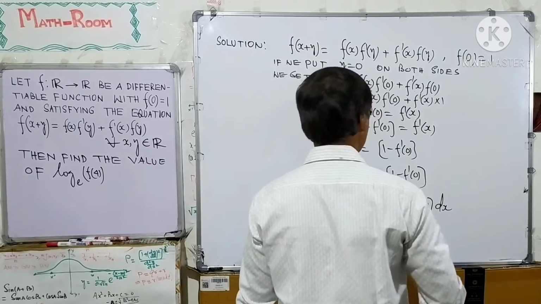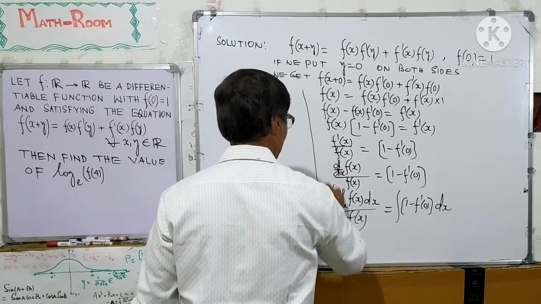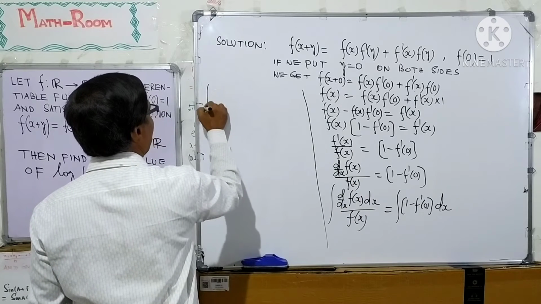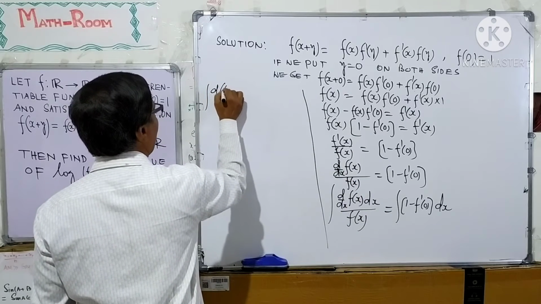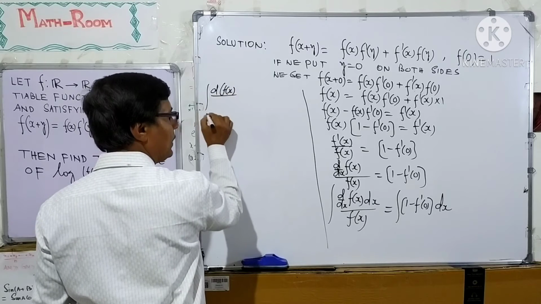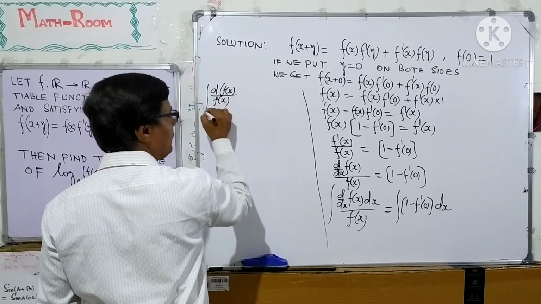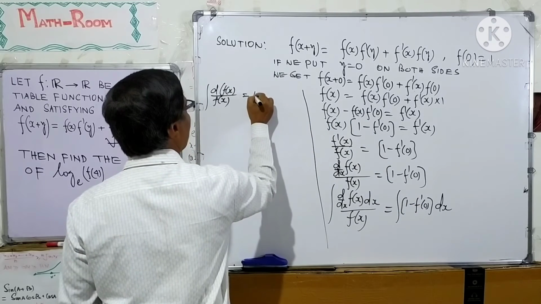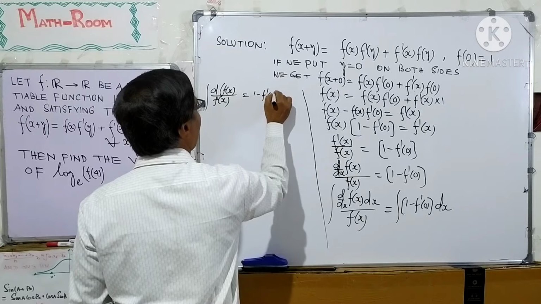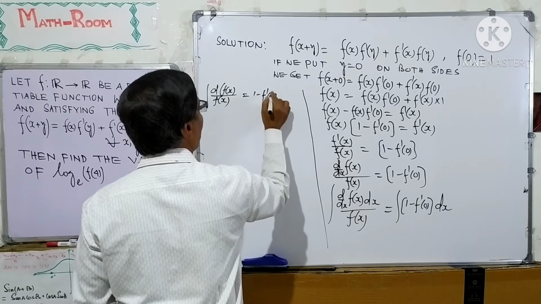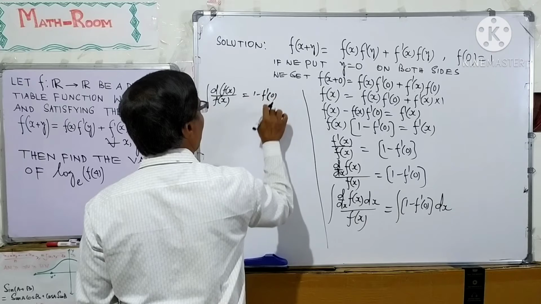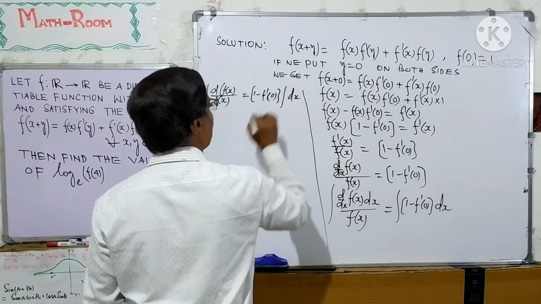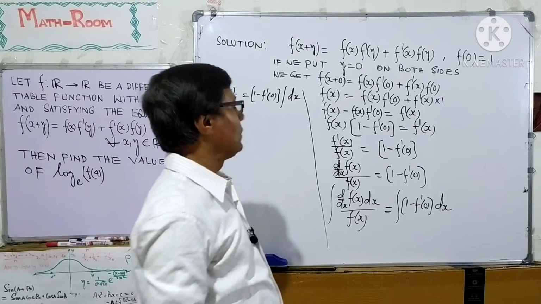So, we can write d of f(x) over f(x) equal to, this is constant, so 1 minus f'(0) integration dx.